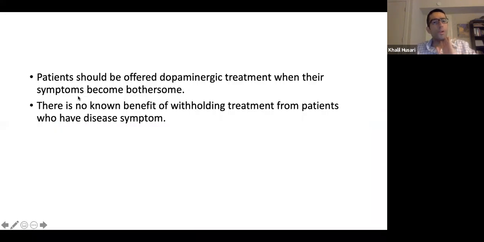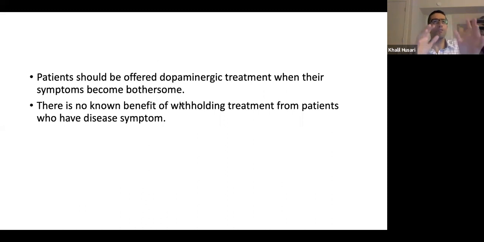As we mentioned before, the patients should be offered dopaminergic treatment when their symptoms become disabling. Treatment of early Parkinson's disease all depends on the patient, how disabling the symptoms are. If the patient is okay and they don't want treatment, that's fine, not to prescribe them anything. They can do physical therapy and exercise until the symptoms become disabling.